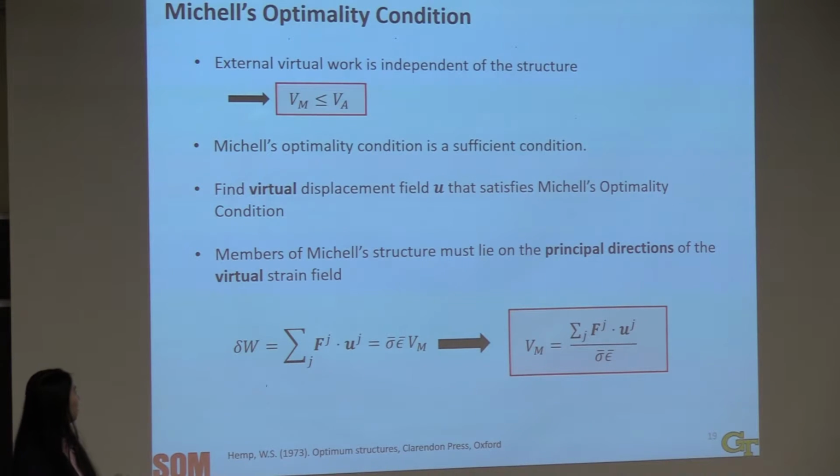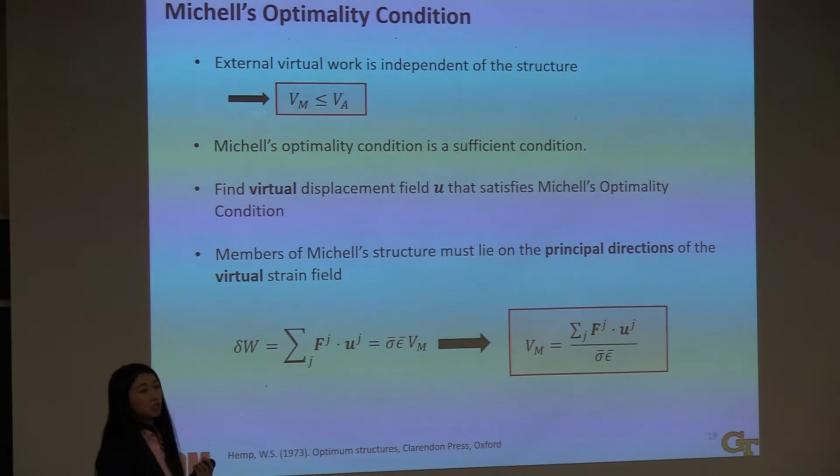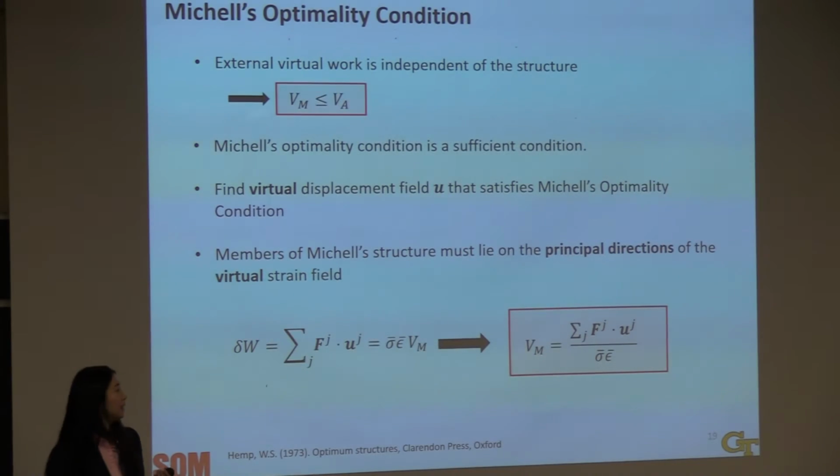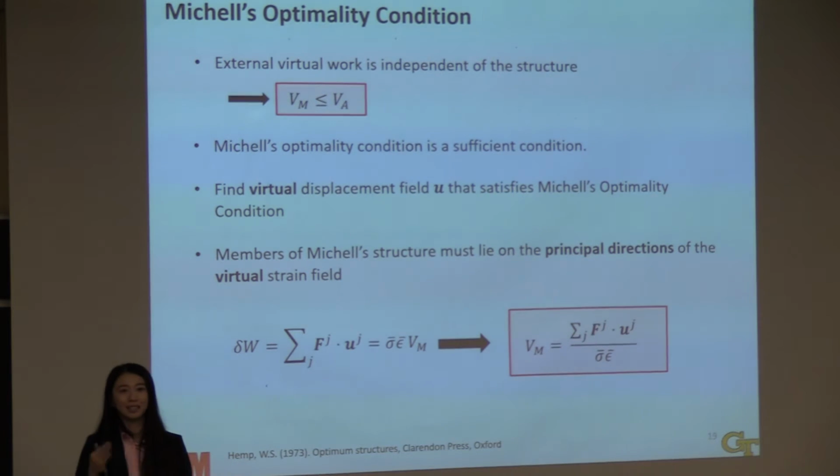And if we have the external work and the virtual displacement field, we can just calculate our Michell truss volume by using this expression. And these two are positive numbers that we assign to the structure.